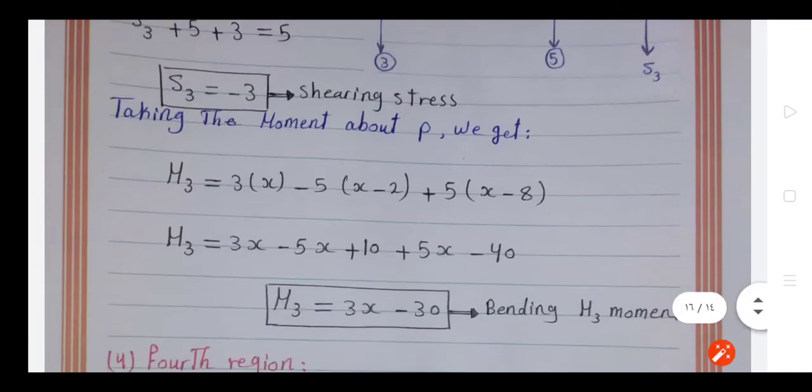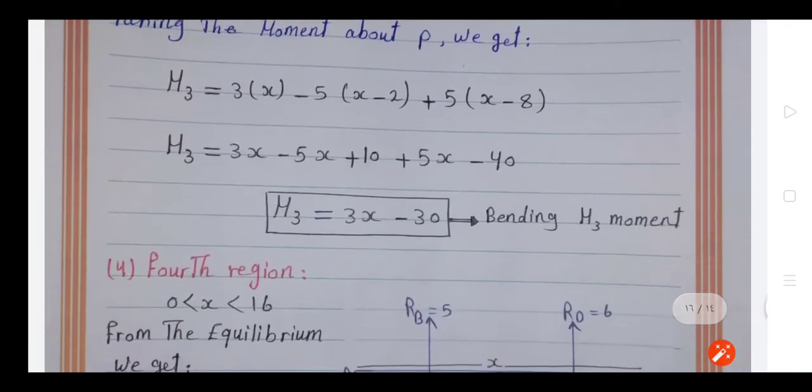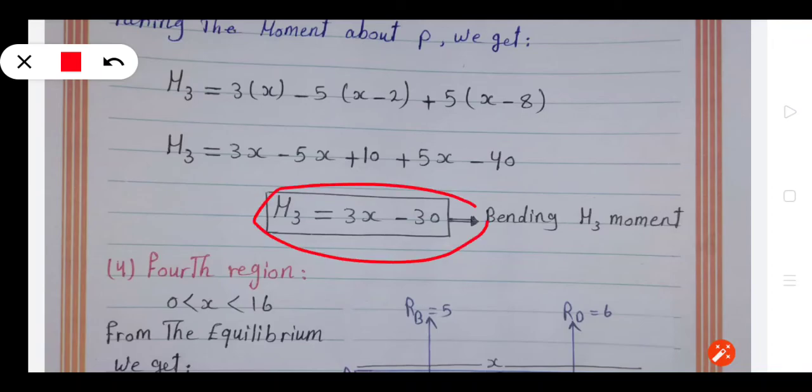Now we put it in the simplest form. M3 will equal 3x minus 30, which is bending moment.